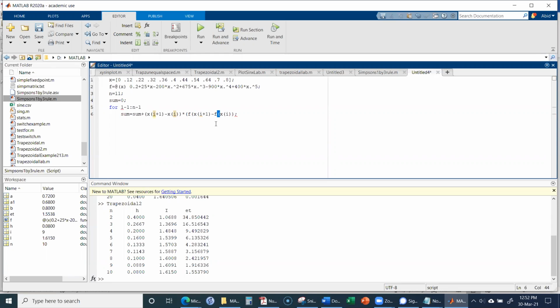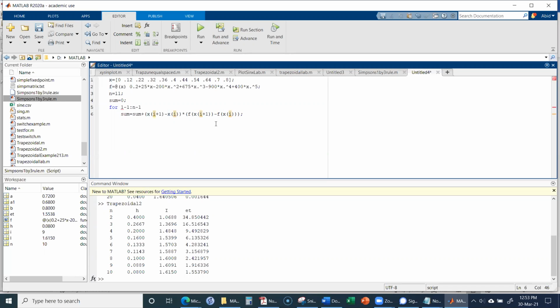Now there are so many parentheses coming, so we have to be very careful with them. This is the main parenthesis: f of x of i plus 1, then I need to close the parenthesis for this f, then f of xi, and close this parenthesis as well.